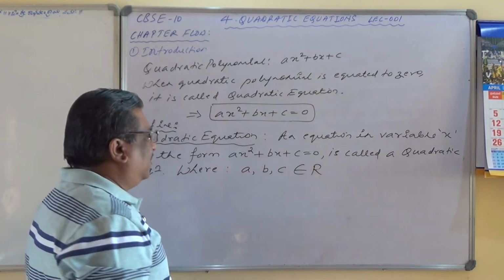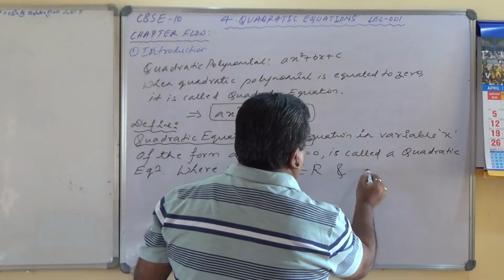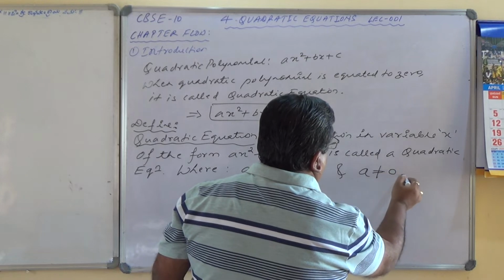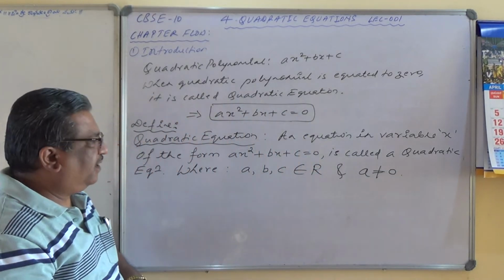R is the set of real numbers over here, and a should not be equal to 0. This is the definition of the quadratic equation.